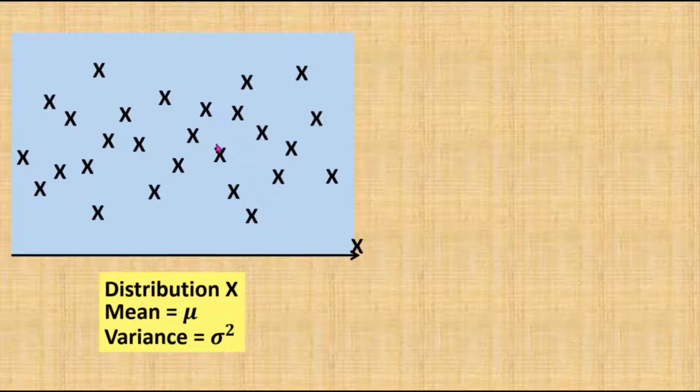Now I'm going to do sampling to select a sample with sample size 4, which means I will have 4 observations in this sample. Let's say x1, x2, x3, and x4.